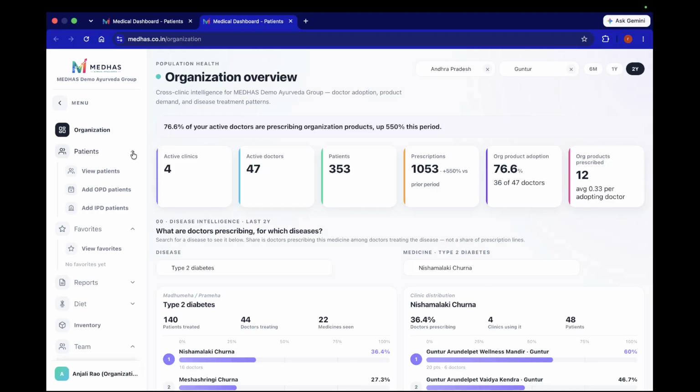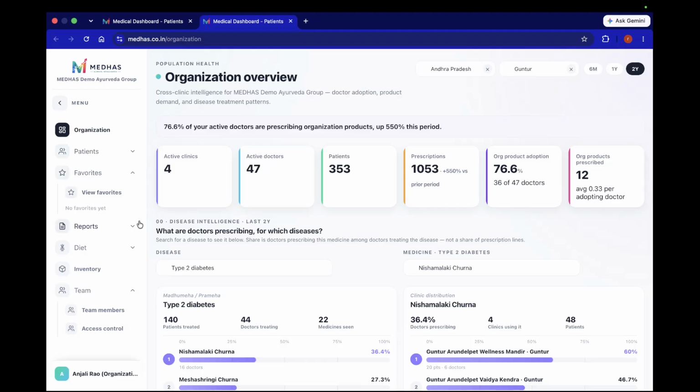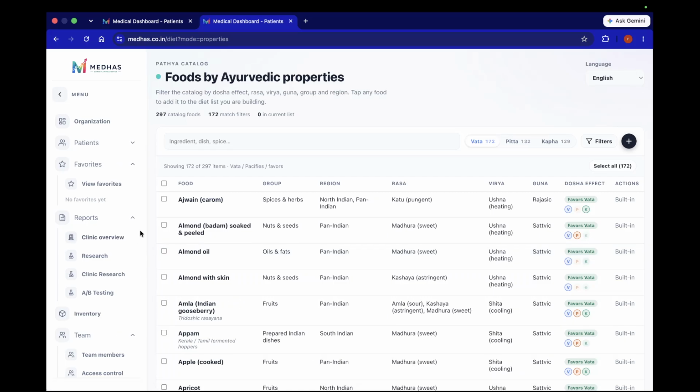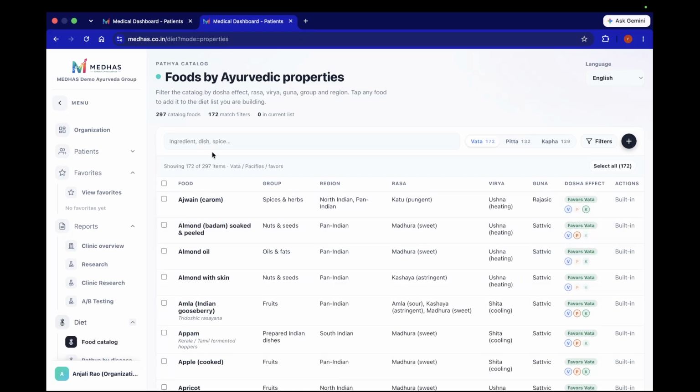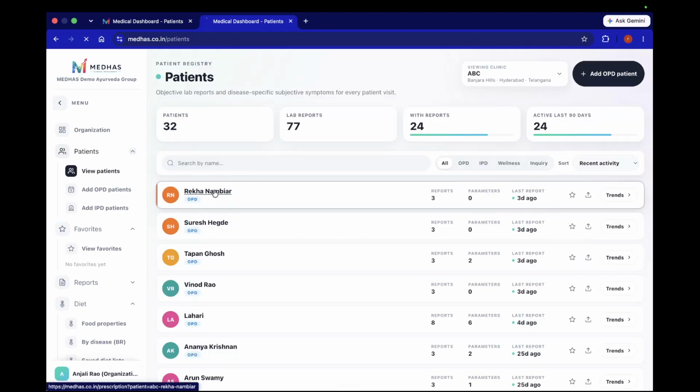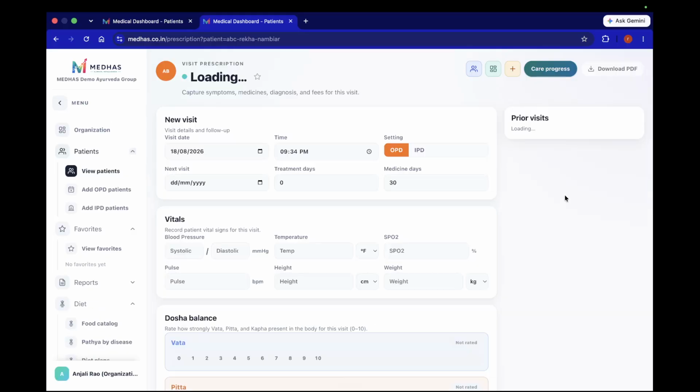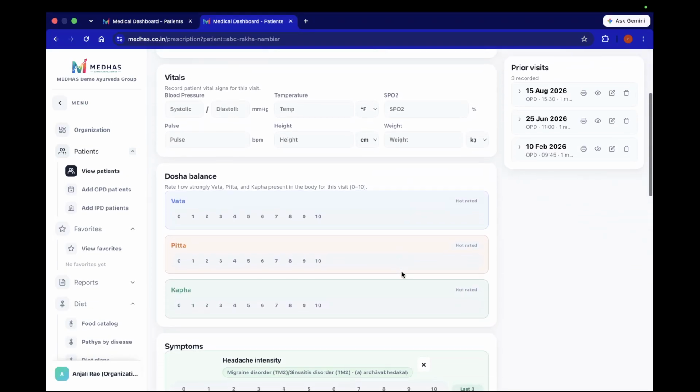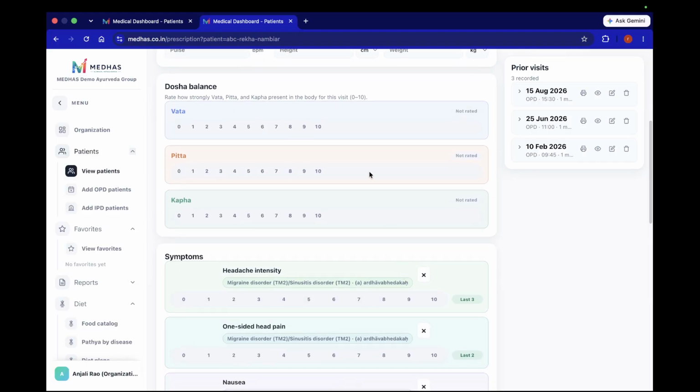We also have all the minimum requirements for running a clinic. Like we also have the diet plans that each clinic can actually pre-configure and keep, and add to the patient's prescription. We also have all the variables that are required for a patient's prescription available here.